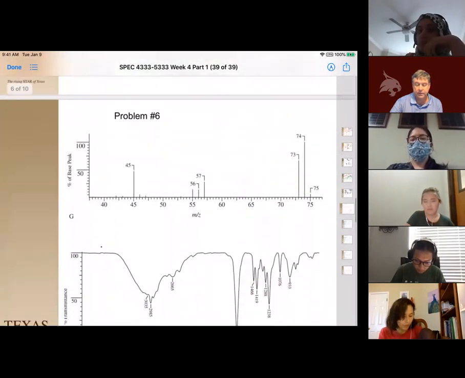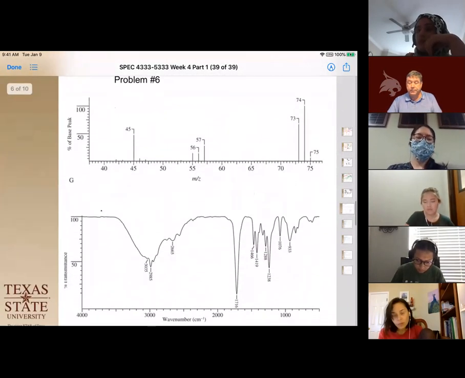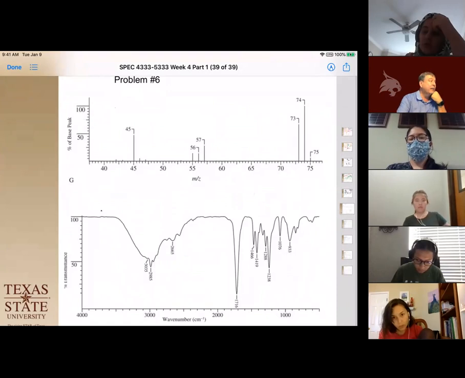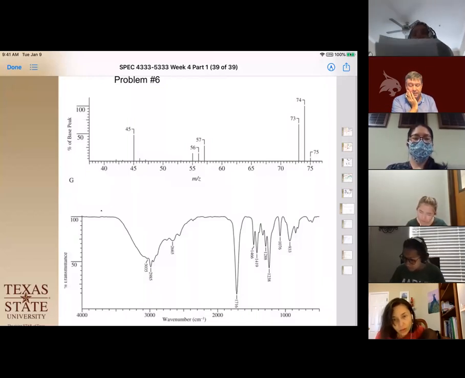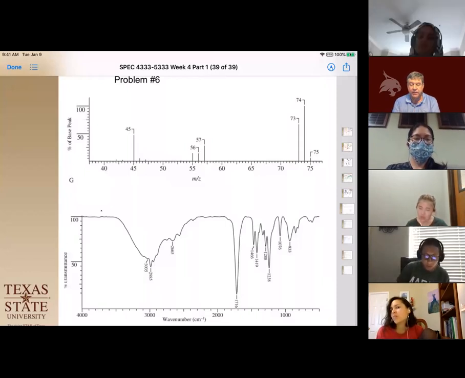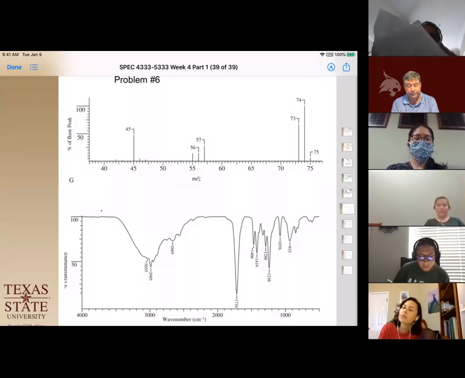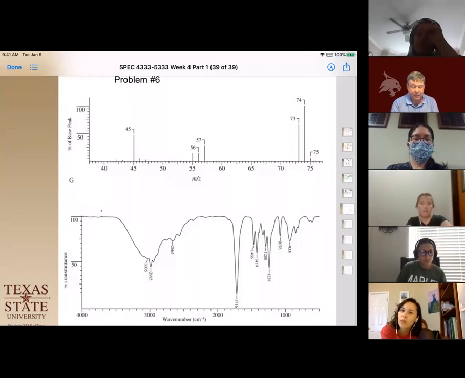Okay, let's move on to number 6. Uh-oh. That IR is telling us something crazy, but let's see what we got. Okay, let's look at mass spec. The 43, 40 or the 73, 74 made me start worrying there was an isotope effect there, but that's only M+1, so I'm not worried about that.